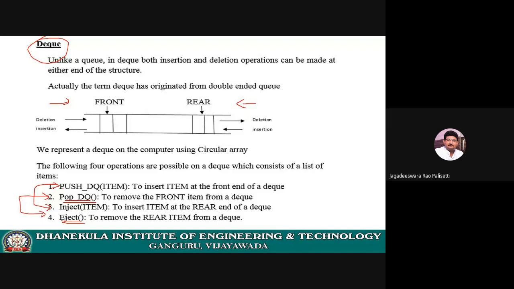Do not use push and pop here, because next we have the stack data structure, where we have to use push and pop. So in this DQ you can go for inject, which is nothing but inserting the item at the rear end of the DQ, wherever the rear pointer variable is, either from 0 to n-1 or from n-1 to 0.